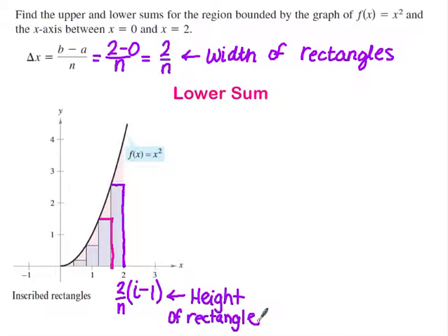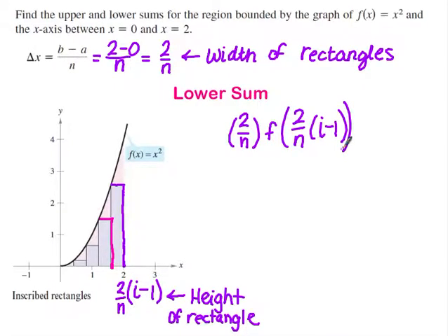Okay, so then now what's going to happen is I've got the width and I've got the height. That's what I have here. So there's my width, and I'm going to take that times the height. Now the height is actually the f value. That's the y value of the graph. Oops, I forgot another set of parentheses.